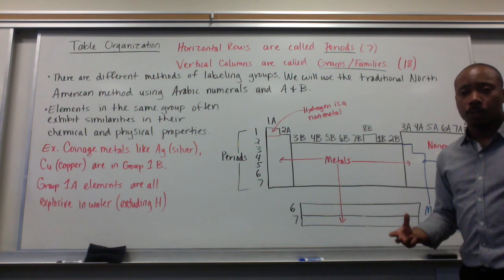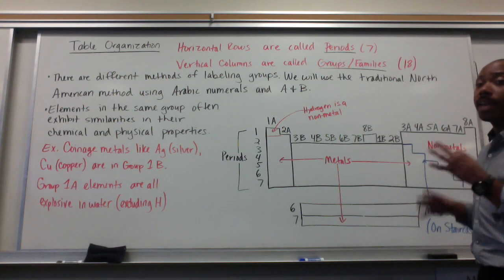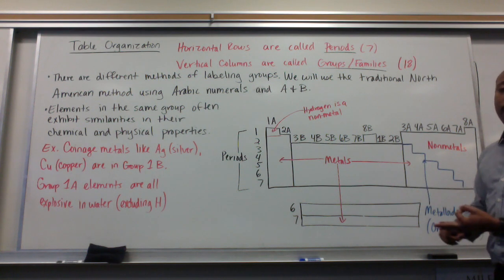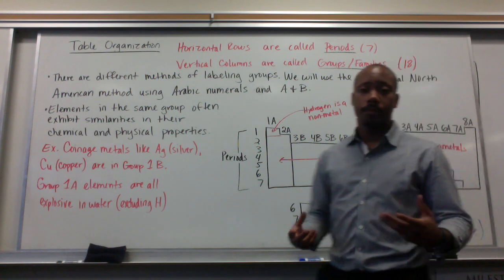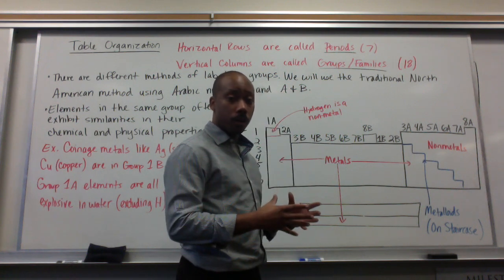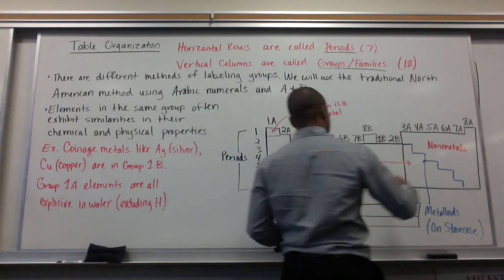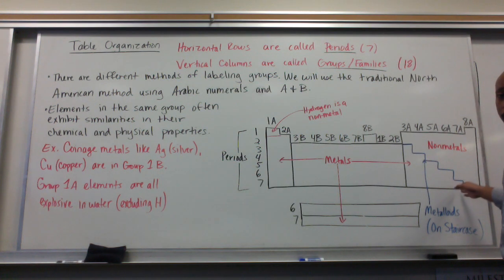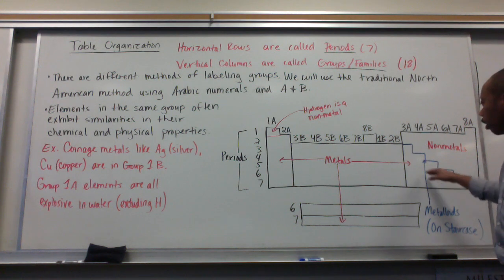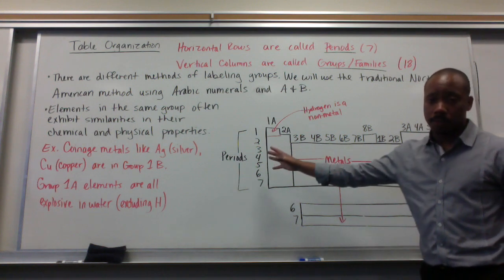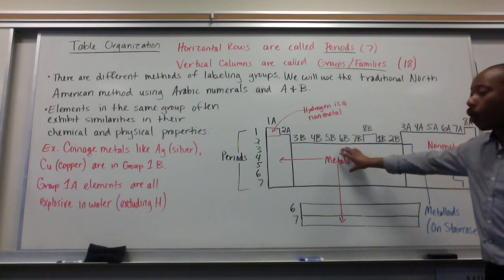Now the periodic table is split up generally into 3 major categories: metals, nonmetals, and semi-metals or metalloids. Now the majority of the periodic table consists of metals. There's like an imaginary staircase here. We'll talk about this staircase, and you'll see it on the periodic table in class, but there's a staircase here. To the bottom, under the staircase, and to the left of the staircase, we have all metals.